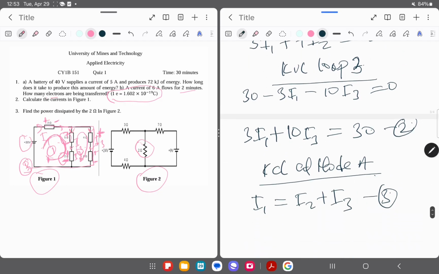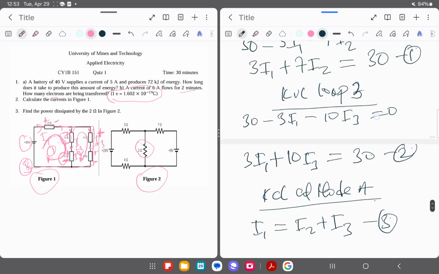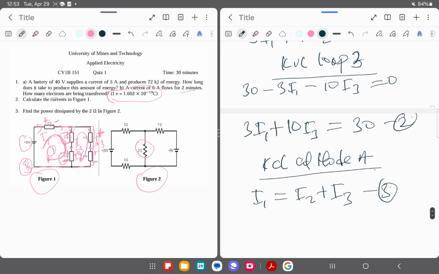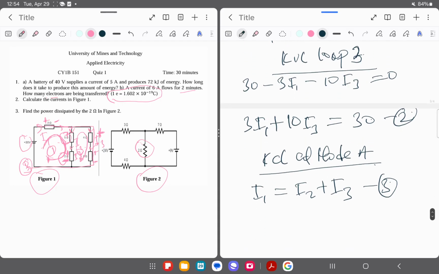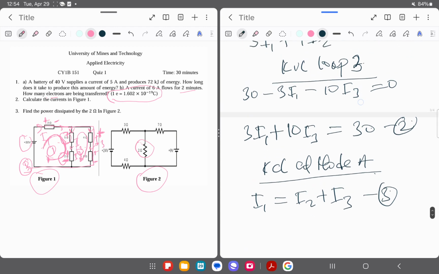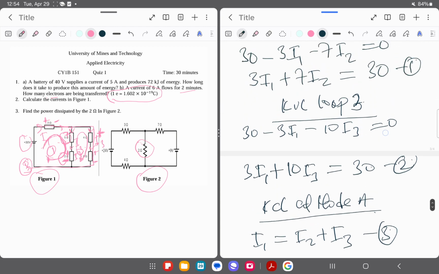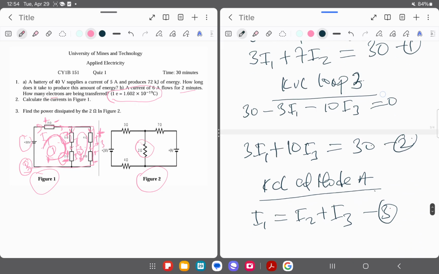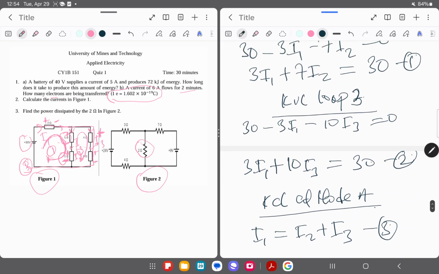Now we can solve for I1, I2 and I3. You can just use your calculator to calculate the variables straightforward, but I will not be using my calculator. I'm going to solve this using substitution or elimination method. Let me look at my equations again. Equation 1 has I1, I2.